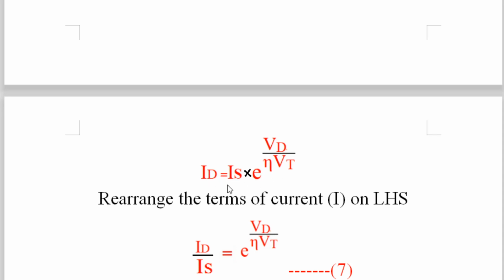This current is given by the equation IS, reverse saturation current, into e raised to VD divided by eta into VT. VD is the forward voltage across the diode, eta is an ideality constant, and VT is the thermal voltage. So this equation you have to remember.